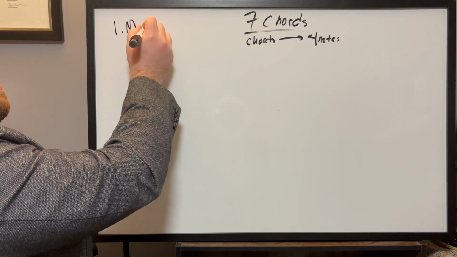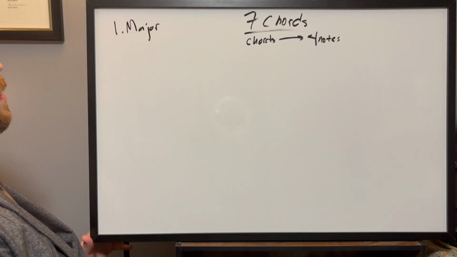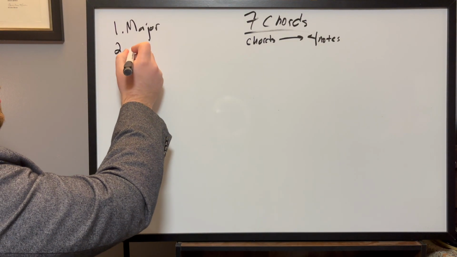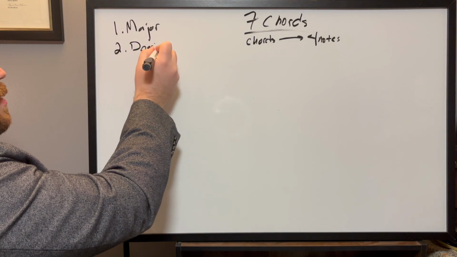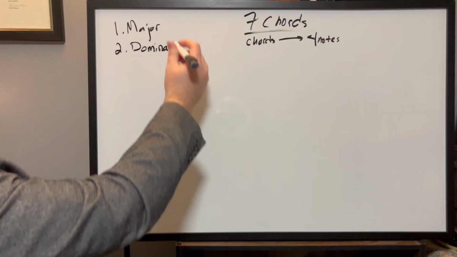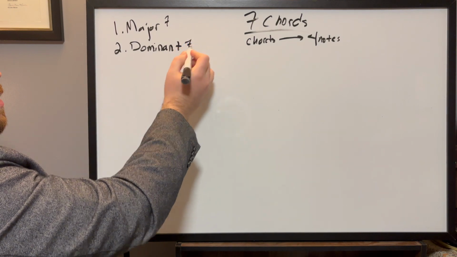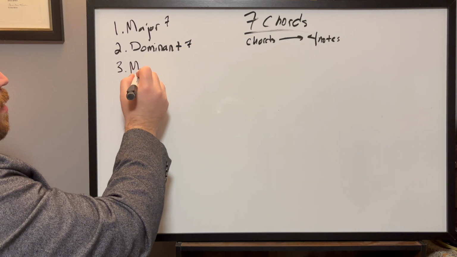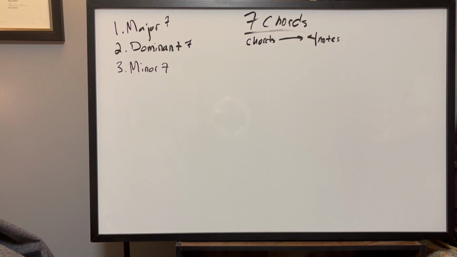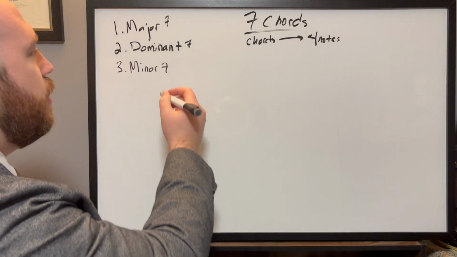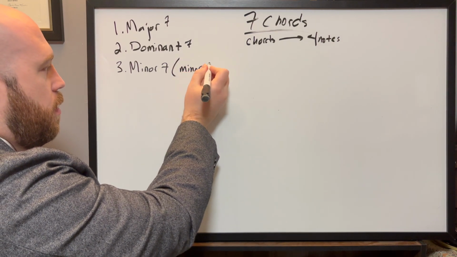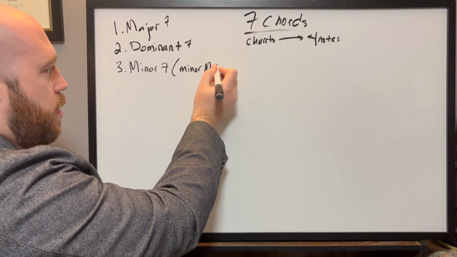First, major 7 chord. 2, dominant 7. I could also write the 7 in here. 3, minor 7. Now this is one that has a subcategory. There's also a chord called minor major 7.